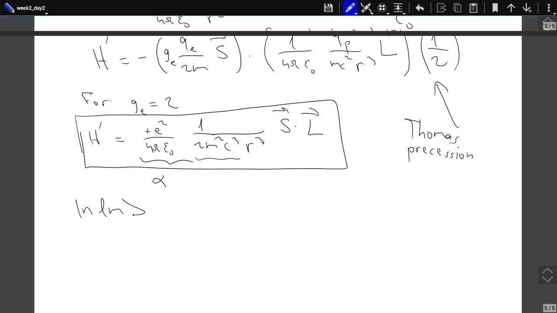We didn't pay attention to the spin, but now we also have to pay attention to the spin. So there is also the spin part. Now, does H prime have non-zero matrix elements between states with different m_s or m?